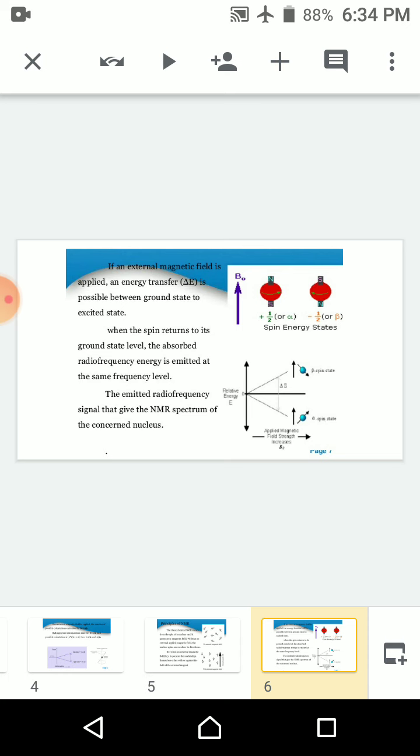If an external magnetic field is applied, an energy transfer delta E is possible between the ground state and the excited state. When the spin returns to its ground state level, the absorbed radio frequency energy is emitted at the same frequency level.